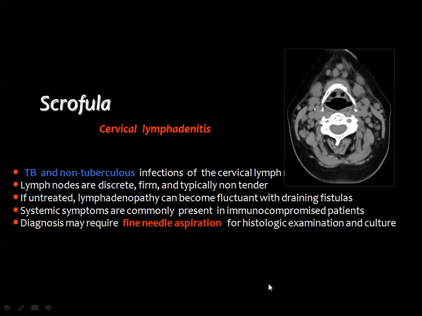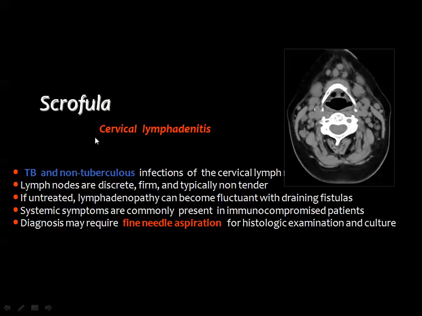Then scrofula is the term given to inflammation of the cervical lymph nodes, whether it is of tuberculous or non-tuberculous etiology. But in many cases, we see that TB is the underlying cause of cervical lymph node inflammation.